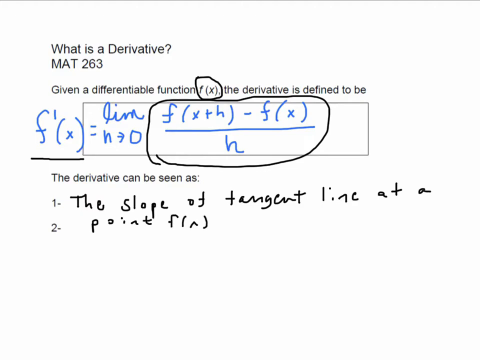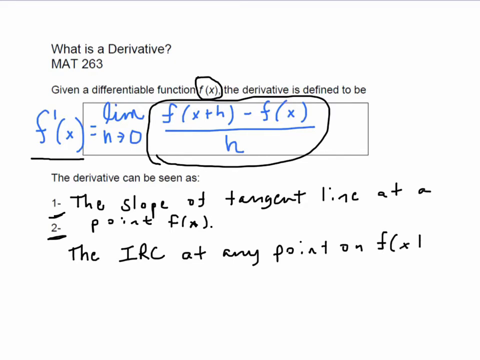It's the slope of the tangent line to a point on f of x. Well, the second thing is that it is the instantaneous rate of change, the IRC, at any point on f of x.